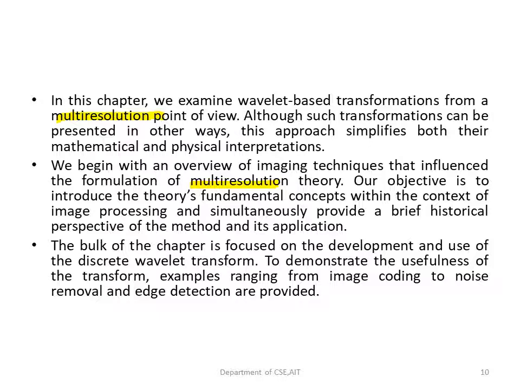Our objective here is to understand the theory's fundamental concepts within the context of image processing, and also to combine everything with a brief historical perspective of the methods and their application. The chapter is entirely focused on the development and use of the discrete wavelet transform. To see how useful the transform is, examples ranging from image coding to noise removal and edge detection are discussed over here.